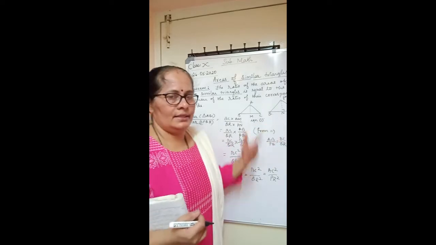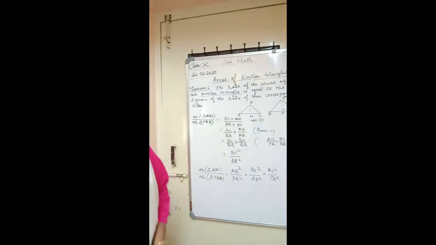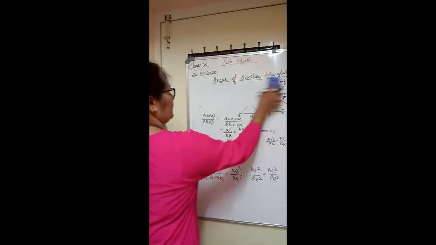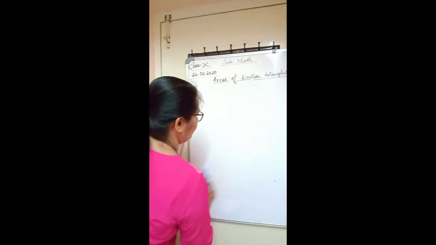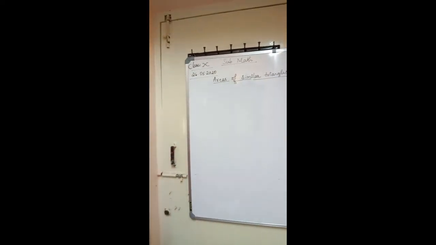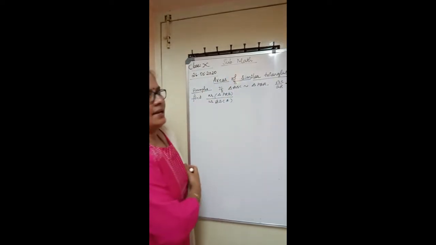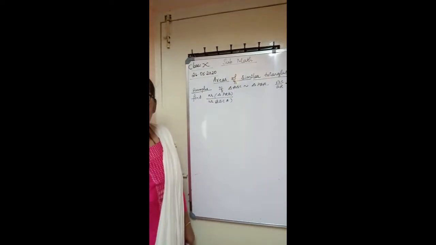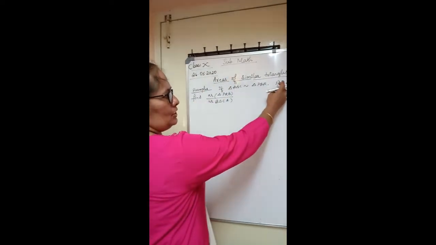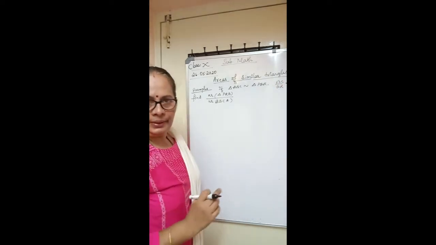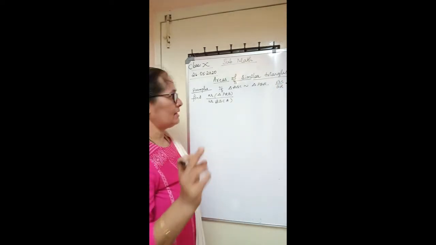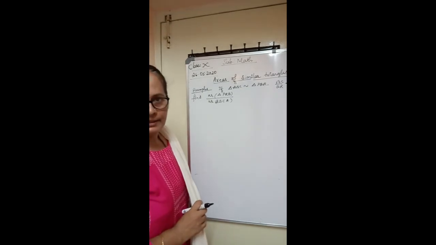Now we will illustrate some examples. First example: if two triangles ABC and PQR are similar and the ratio of the two sides is given as 1 by 3, find the ratio of their areas.